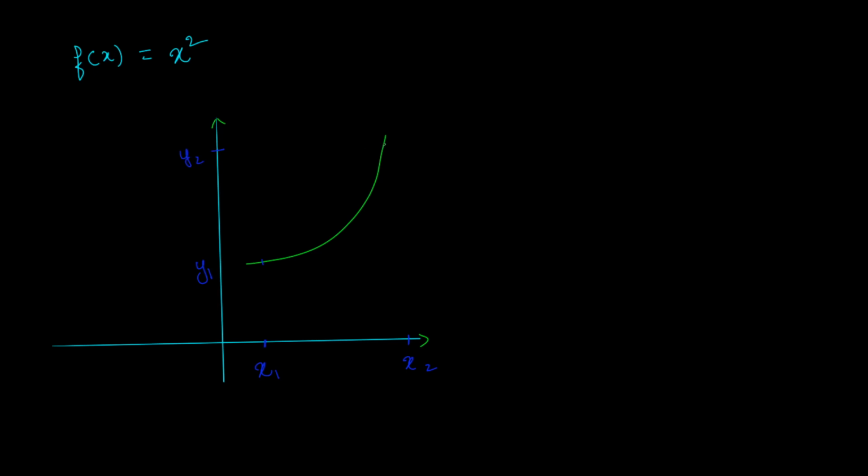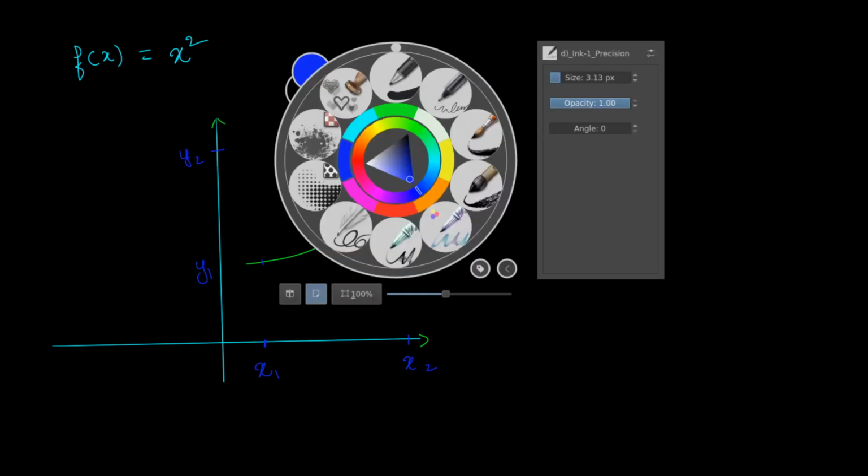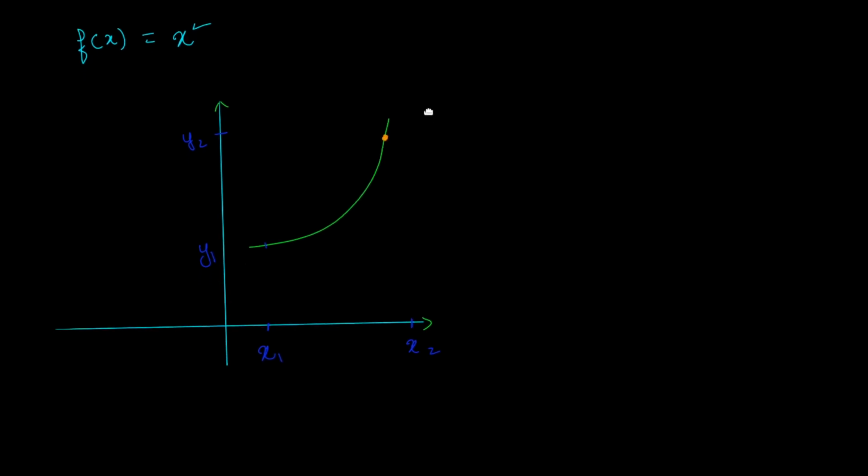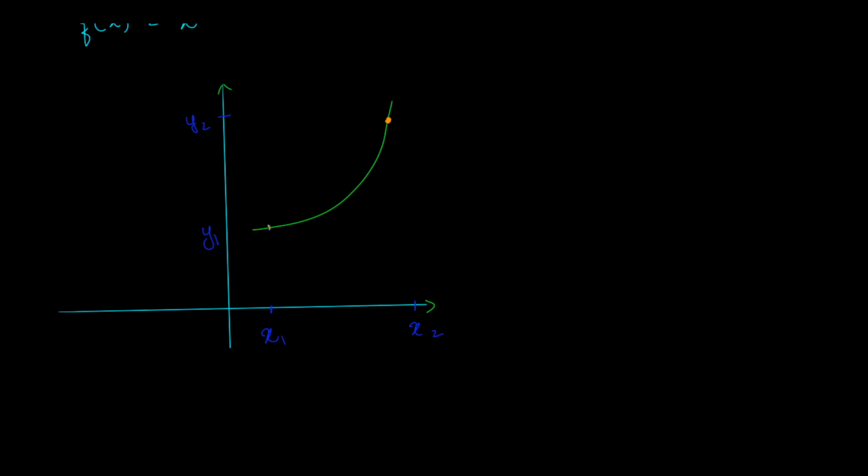Now if I join these points, this point right here is x2 y2, and this point right here is x1 y1. So those are the coordinates of that point.